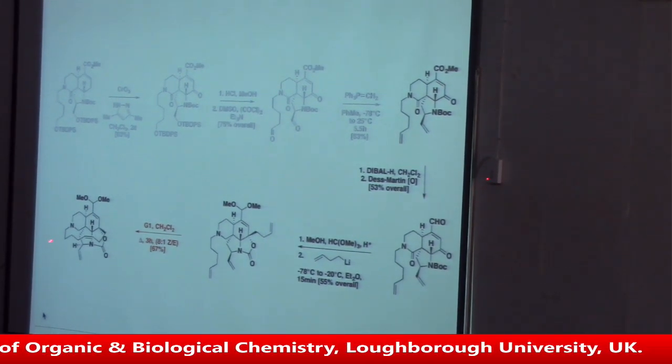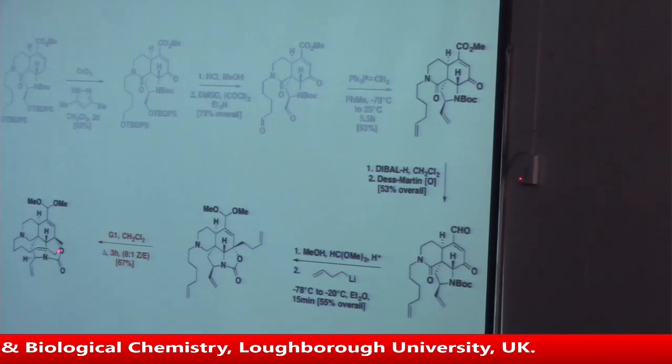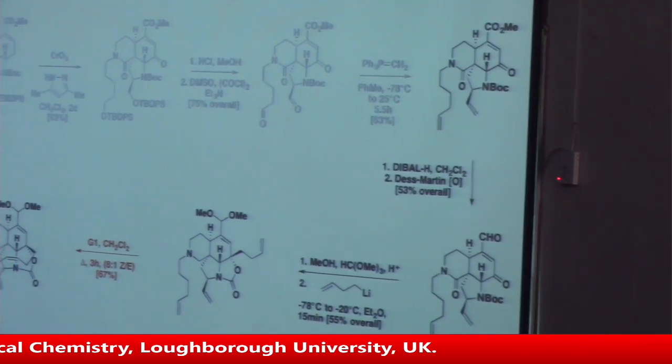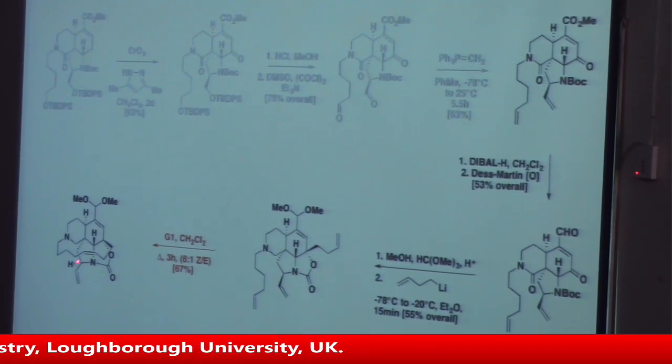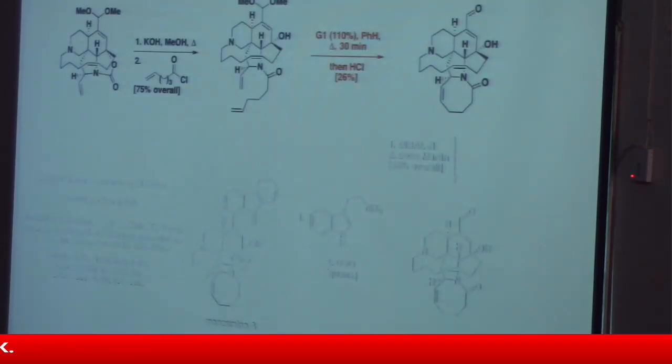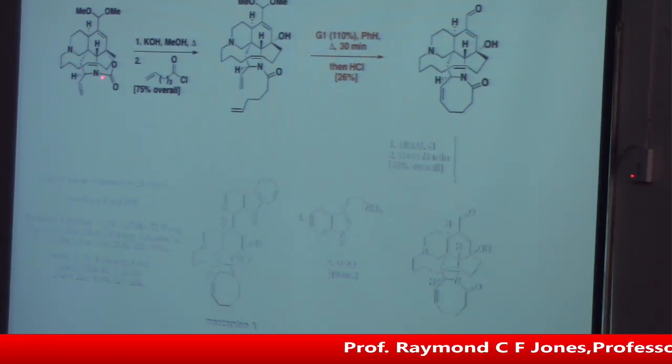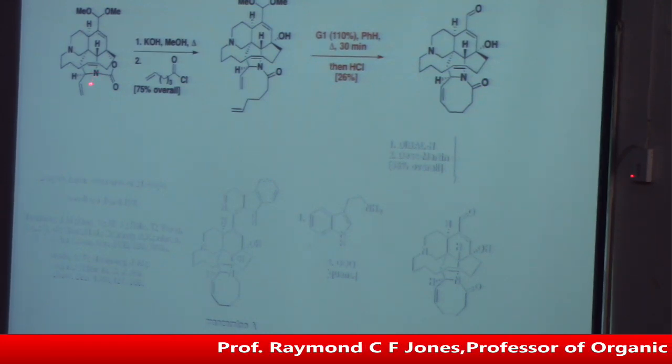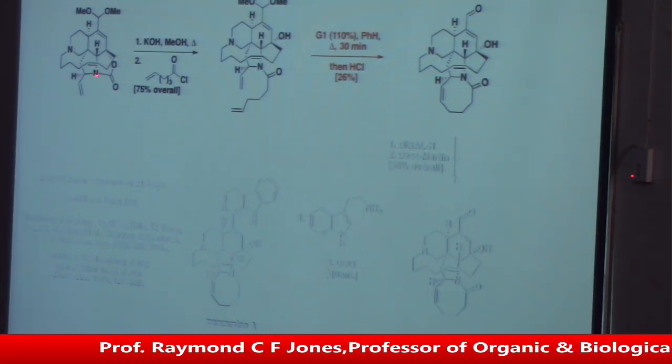So again, we're getting closer and closer. We've now got to build an 8-membered ring around the bottom here. So there's the molecule that was on the last slide again. We'll build in the other side chain.